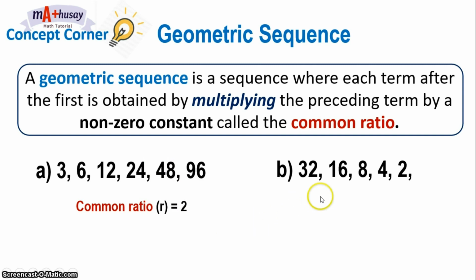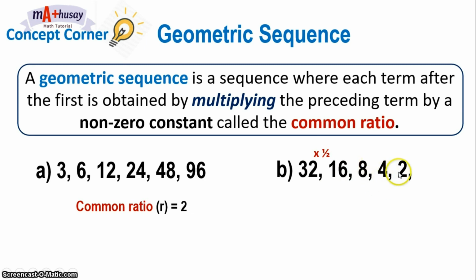Meanwhile, in example letter B, 32, 16, 8, 4, and 2, each term after 32 can be generated by multiplying 1/2 to the preceding term. So, 32 times 1/2, that's 16. 16 times 1/2, that is 8. 8 times 1/2, that will give you 4.